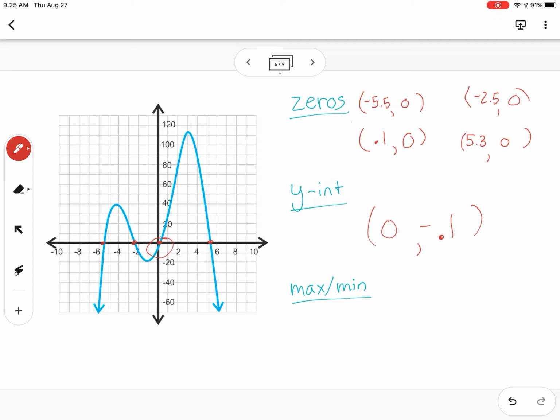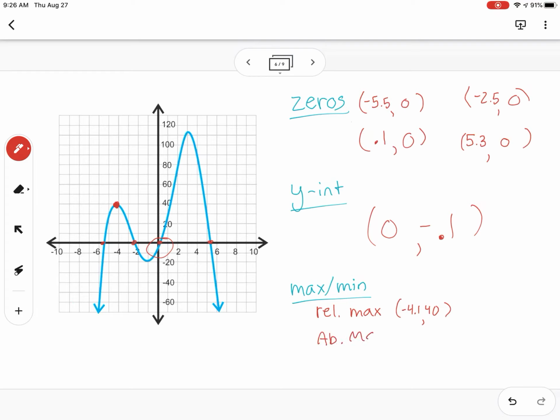For max and min, for max, we're going to have 2. One's a relative and one's an absolute. So we're going to have a relative max at, and then we'll just name the point. So that's this one here. We'll just call that negative 4, 140. Right, that's a relative.